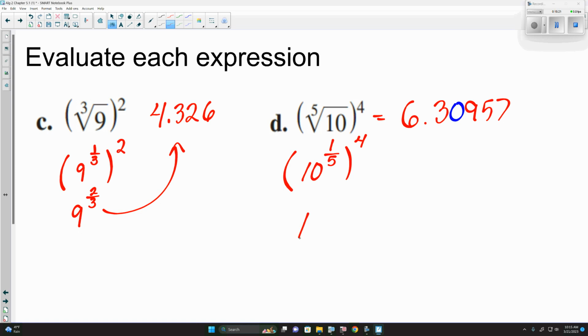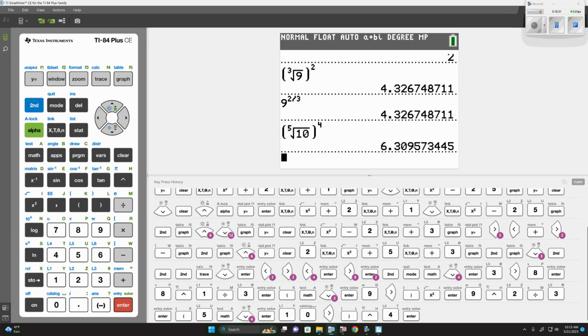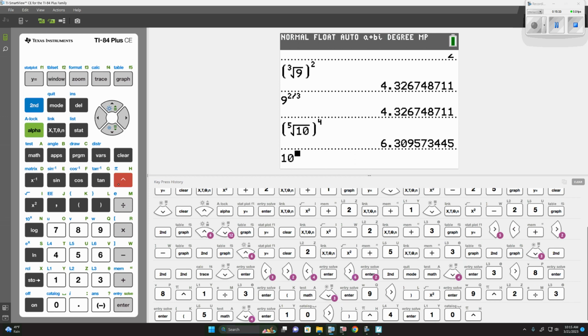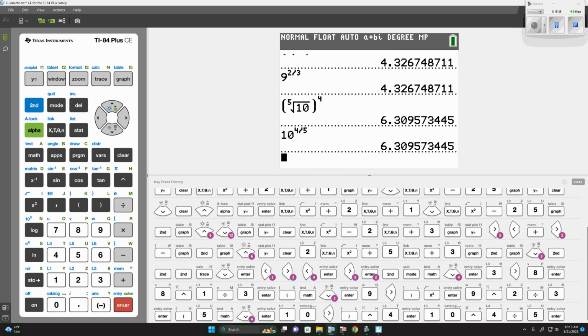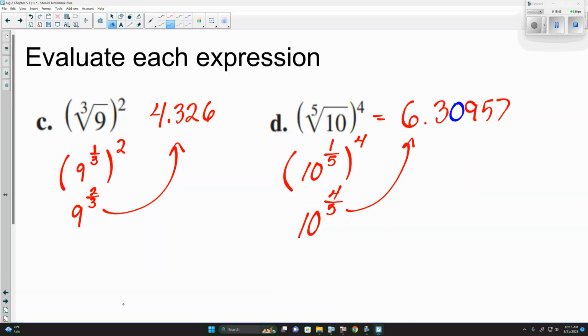And powers of powers multiply, and 1/5 times 4 is going to be 4/5. And in either calculator, we can do 10 to the 4 divided by 5 and get 6.3095. Any questions on this here?